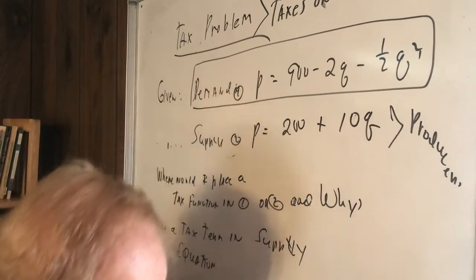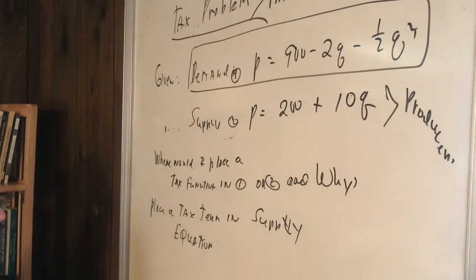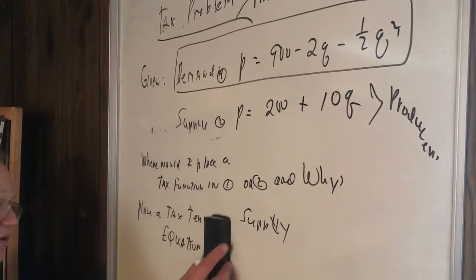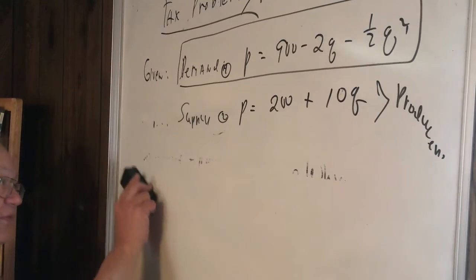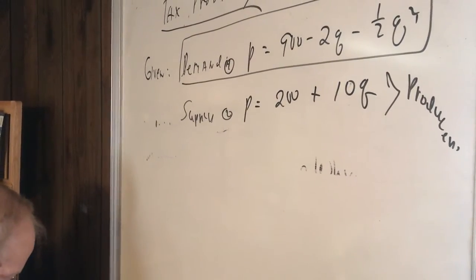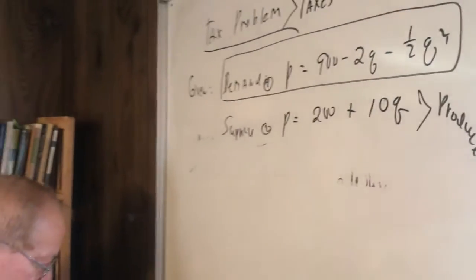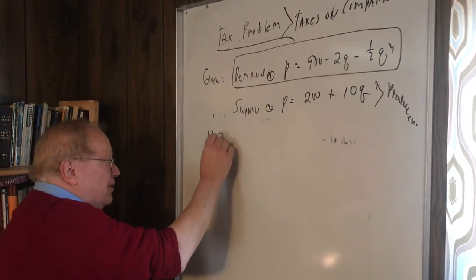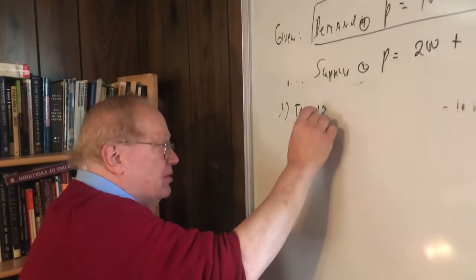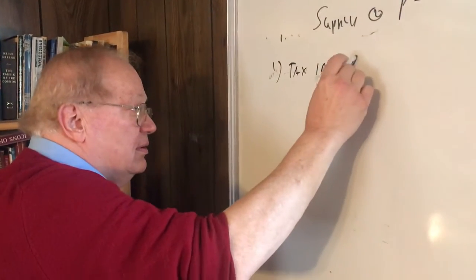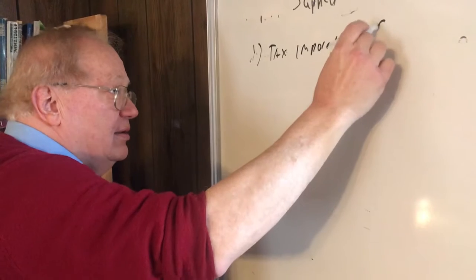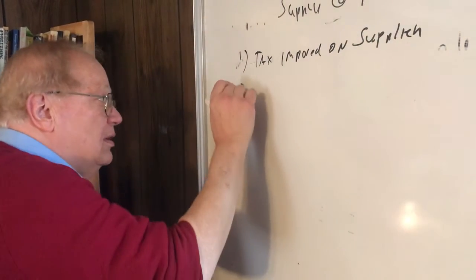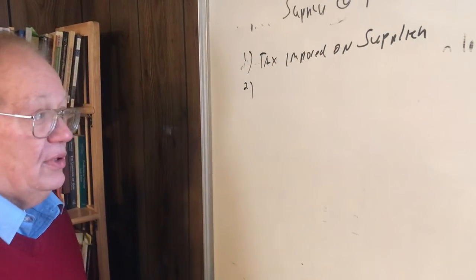Now the logic here is that the government... Let's erase this and do this more in terms of steps. What's the logic here? One is we're talking about a tax imposed on a supplier or a producer. What does that supplier do?